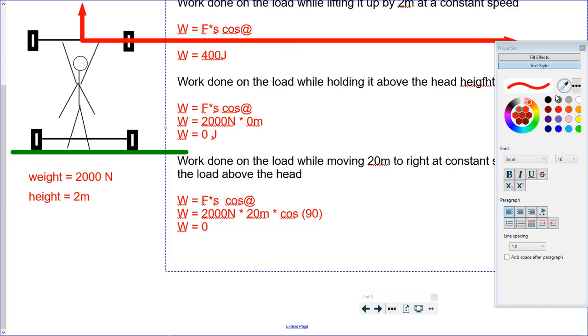Is that part clear? Yes. So the next is work done on the load while lowering it down, while lowering it down by 2 meter at a constant speed.